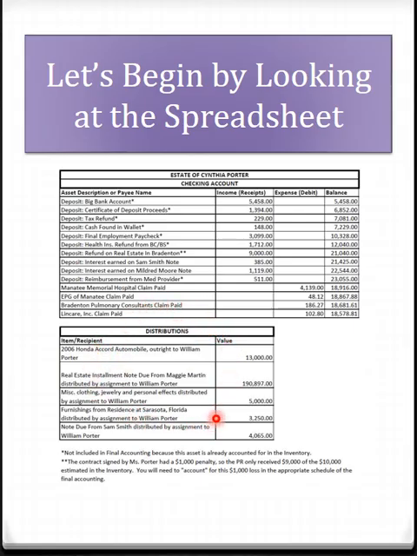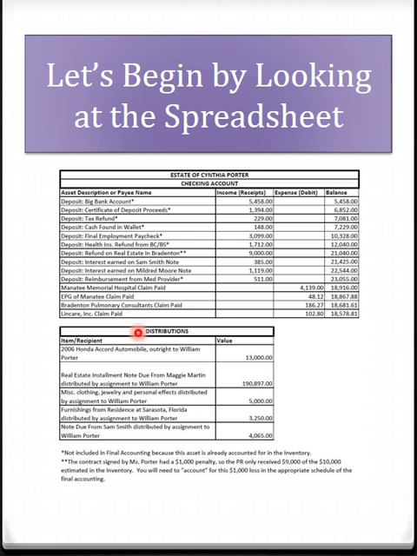That's what she wanted done according to her will, was to give everything to her husband. So these are simply distributions to Mr. Porter. A couple of footnotes down here. One is that I have an asterisk next to the items in this spreadsheet that are not included in the final accounting.